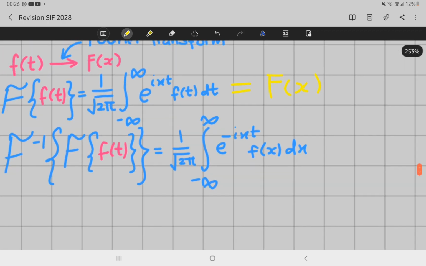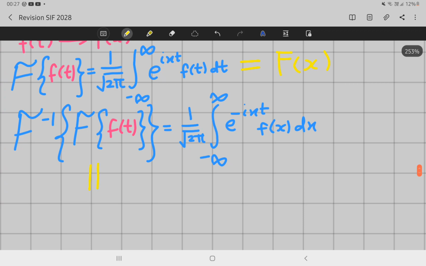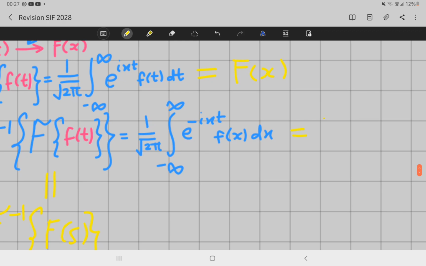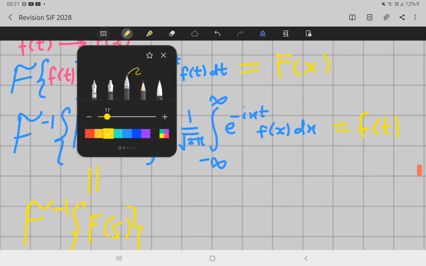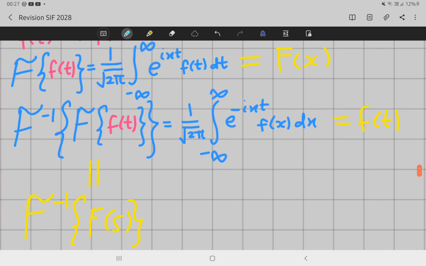When we reverse this, we will get f of t back, right? Because this F minus 1, which is the inverse Fourier transform, and this is the Fourier transform, they cancel out.